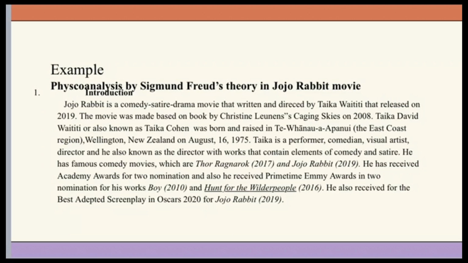Taika is a performer, comedian, visual artist, and director, known for works that contain elements of comedy and satire. He has famous comedy movies, which are Thor Ragnarok 2017 and Jojo Rabbit 2019.